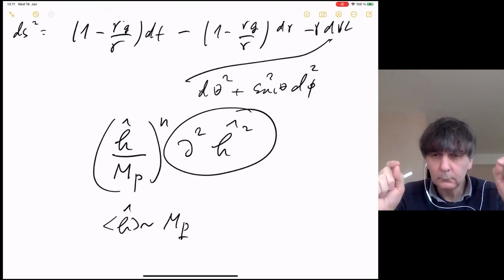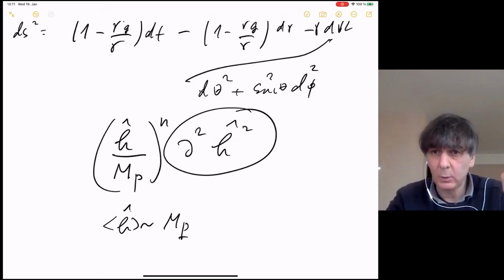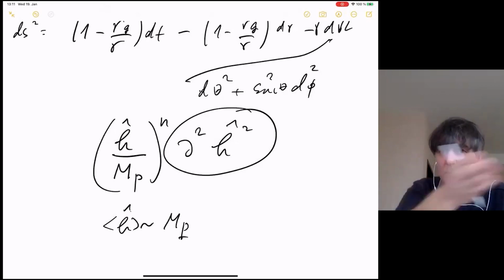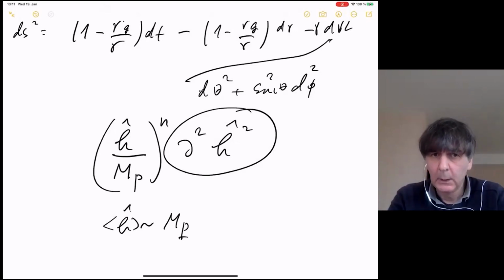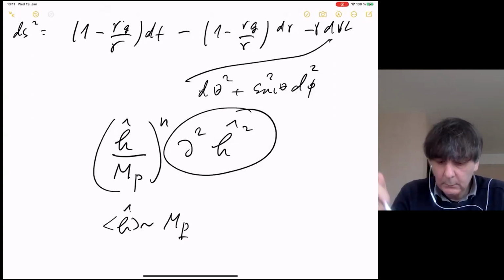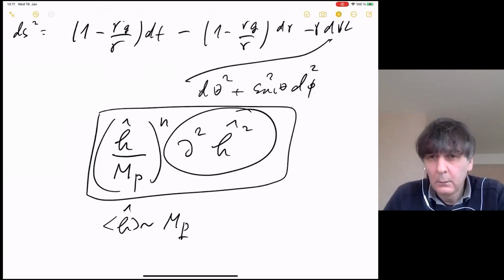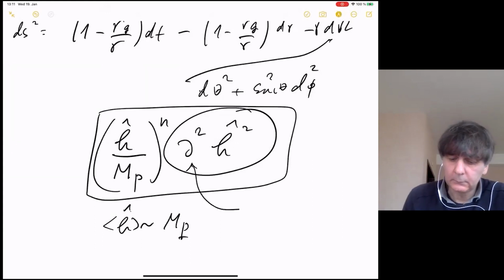However, the fact that nonlinear terms become equally important tells us that we have to take nonlinearities into account. The series in the Rg over R expansion has to be resummed. But the terms are still terribly small. Why? Because of derivatives.